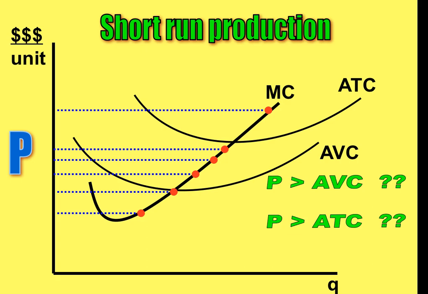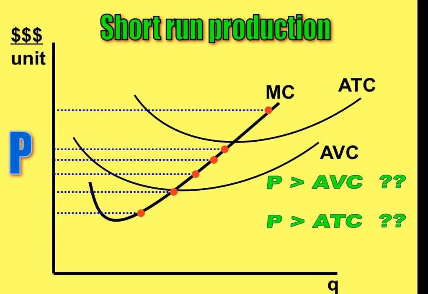Now look at something actually interesting if we look at the whole picture. Step back for a moment and look at the whole picture. If these were the profit maximizing quantity and prices, and let me go back here for a second. If the market price rises, the profit maximizing quantity is increasing.